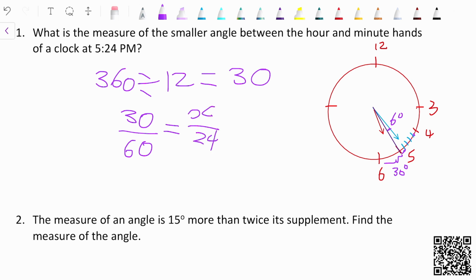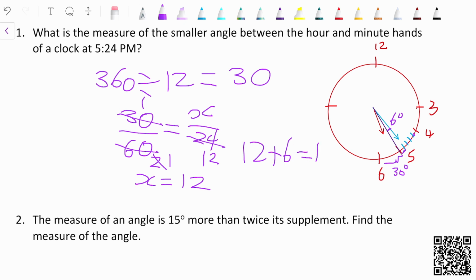So we have to match it up properly: 30 degrees, x degrees, 60 minutes, 24 minutes. Now we can do the butterfly method. Let me simplify this real quick. Since each of these are just 1, x is equivalent to 12. But we're not done yet, because we still need to add the two together. Therefore, 12 plus 6 is equivalent to 18, which is our final answer.